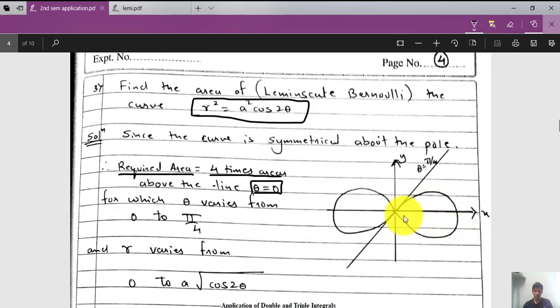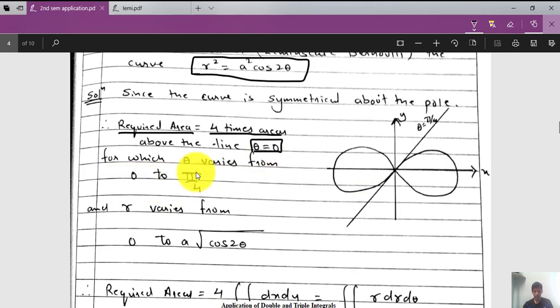Either you have this loop and the loop is the same. Now theta varies from 0 to pi by 4. So this is pi by 4, and if you take this particular line, it turns out to be minus pi by 4.